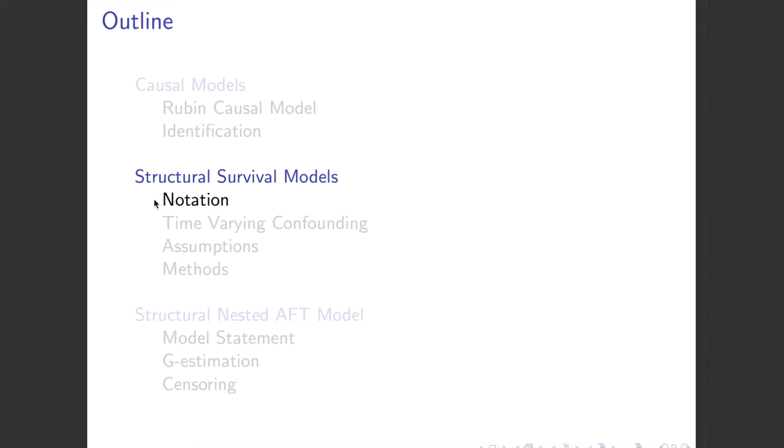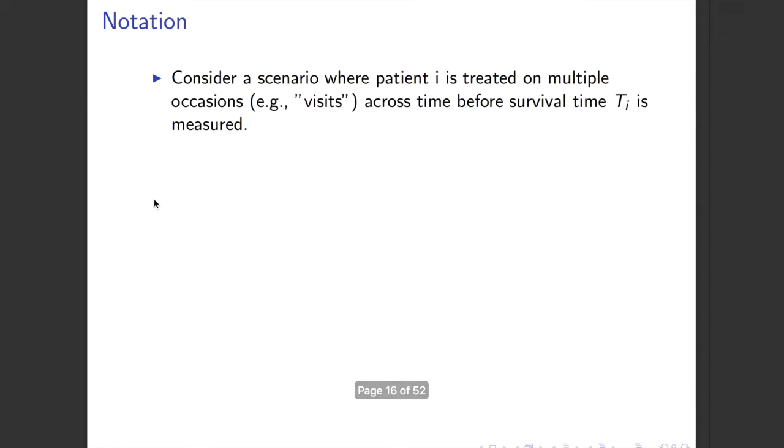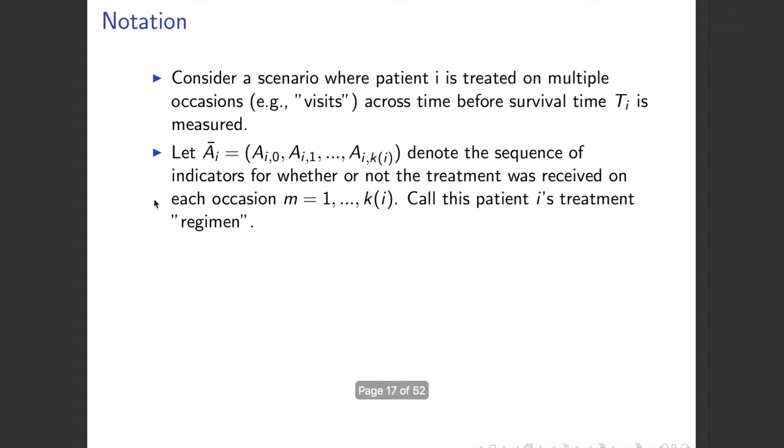Now let's move on to structural survival models. Some notation first. Consider a scenario where patient i is treated on multiple occasions, which I'll call visits, across time before survival time T sub i is measured. We have this overbar notation here.